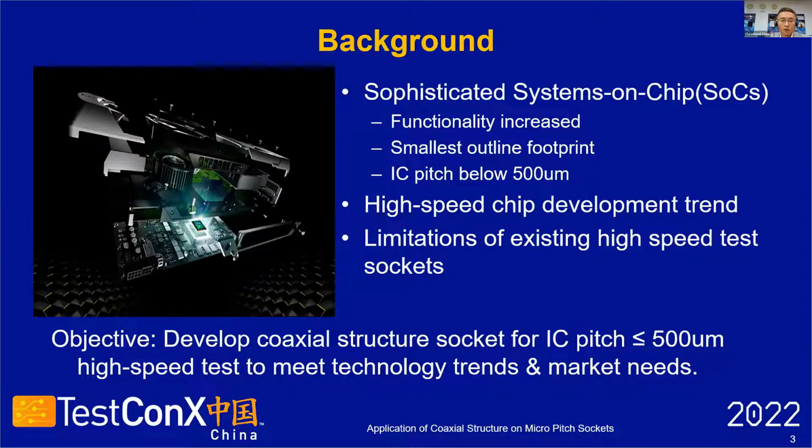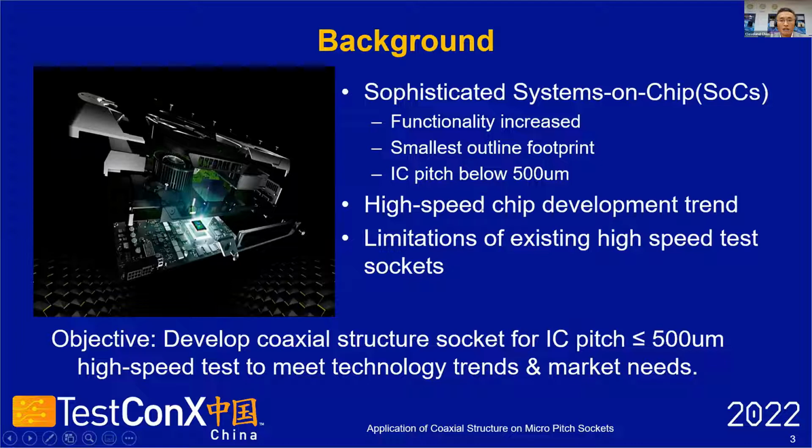Those chips with increased function usually combine different function modules like CPU, GPU, AI agent, camera processor, etc. in the smallest possible form factor. It means a small chip size, and the ball and pad pitch is usually less than 500 microns.